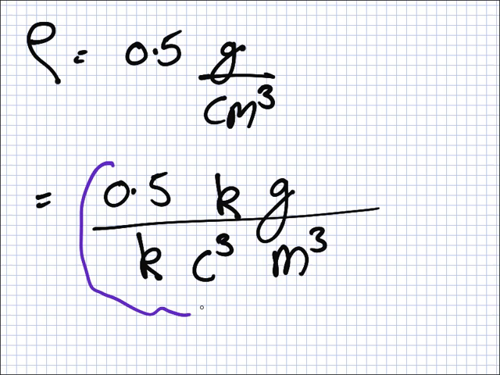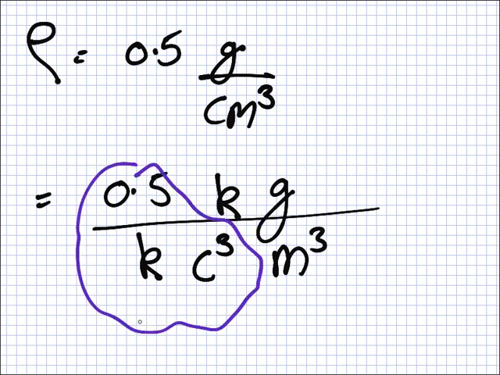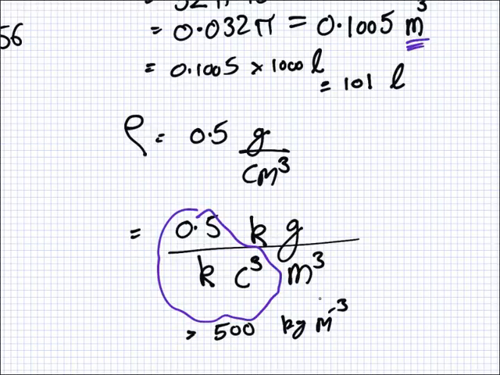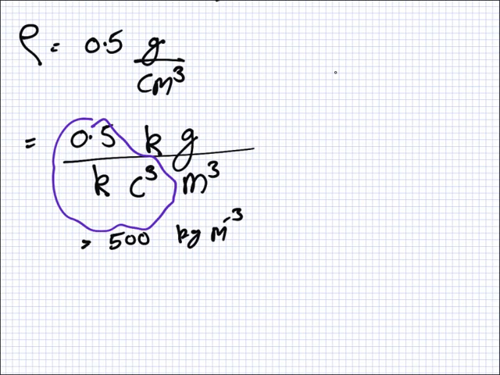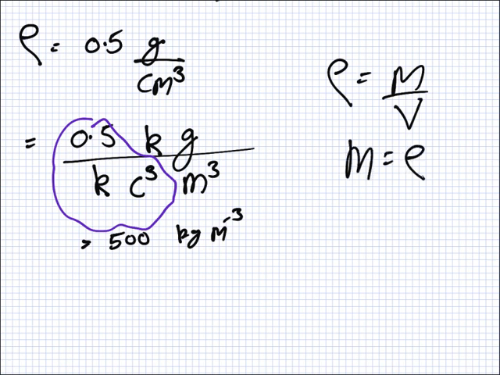So this here, I need to calculate. If you calculate it, you get 500. So that's 500 kilograms per meter cubed. Now, what's the formula for density? Density is mass over volume. So what's mass equal to? Density multiply volume.